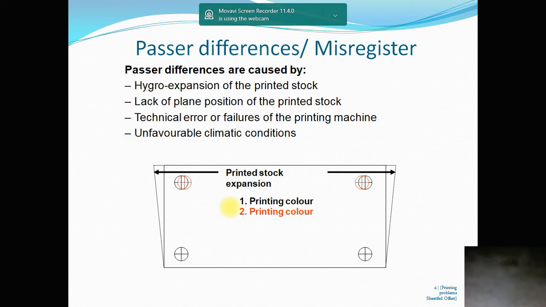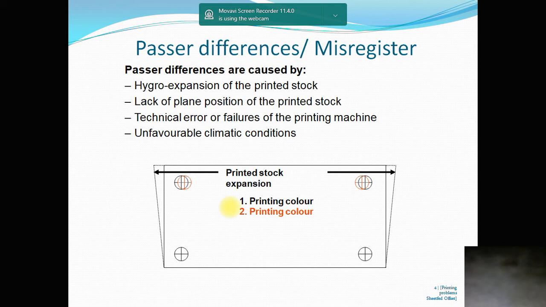In such a case, even though the transferring and registration unit is functioning well, because of the expansion or the difference in the dimensions of the stock, the misregister problems may occur.